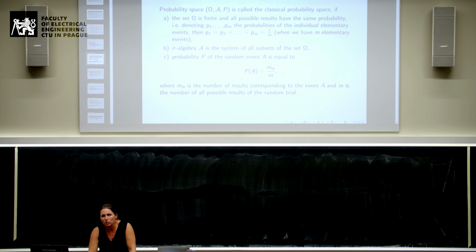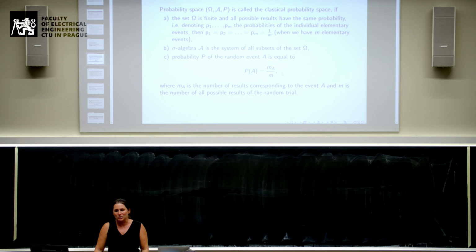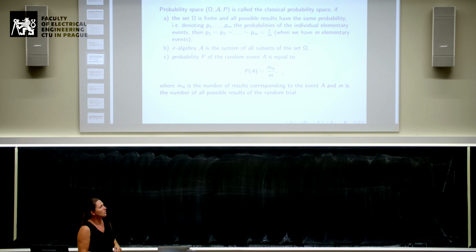So for example, when we calculated the probability of the event A that the number of spots is odd, we calculated it as 3/6 because there were 3 odd numbers, and the total number of numbers was 6, so 3/6, 1/2 was the probability that the number of spots will be odd. The probability that the number of spots is less or equal to 2 was again calculated as 2/6, because there were 2 events satisfying the condition out of all 6 possible events.